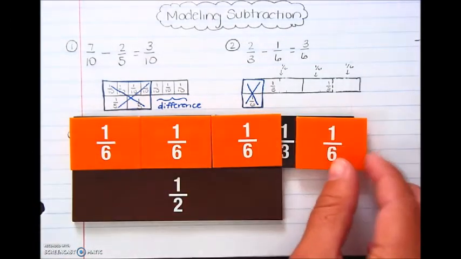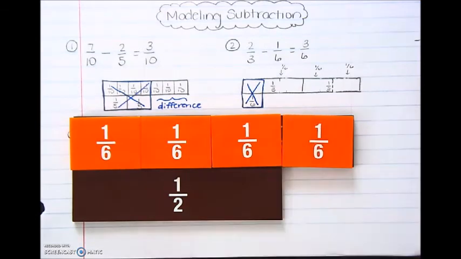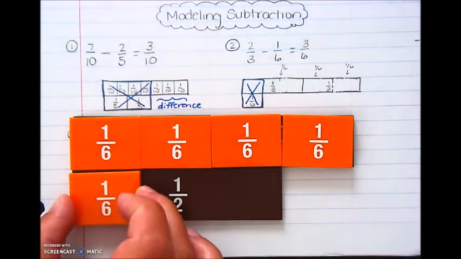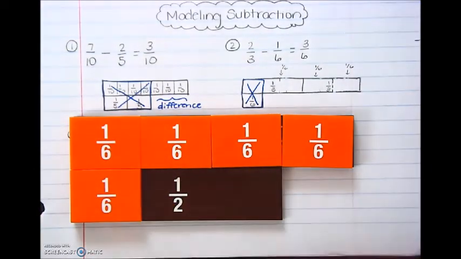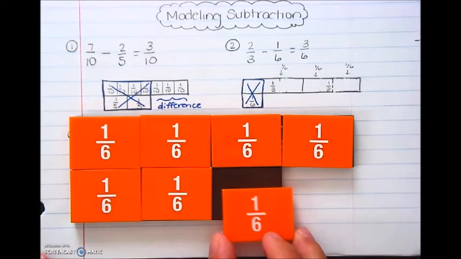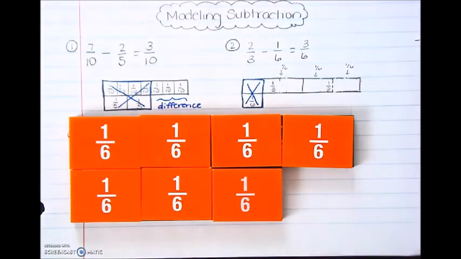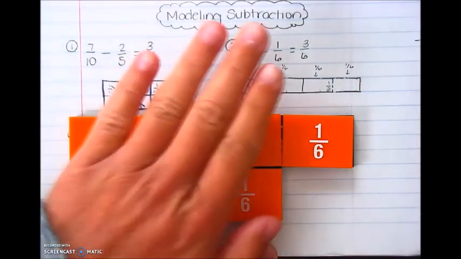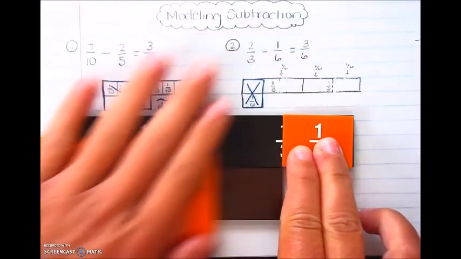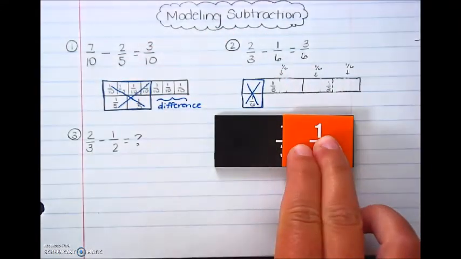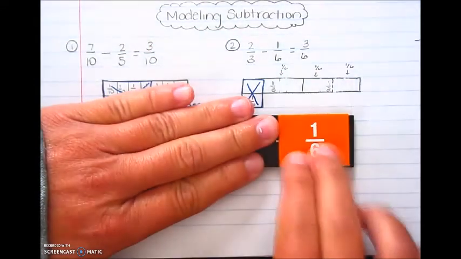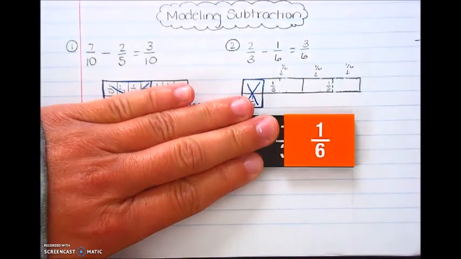I know that I have 4/6 to represent my 2/3, and I would end up needing 3/6 to represent my 1/2. Now I can show that when I'm subtracting the 1/2, which was along the bottom, I'm subtracting out 3/6 pieces. So what's left over then is just one last 6th piece.